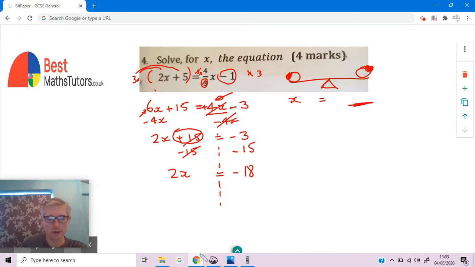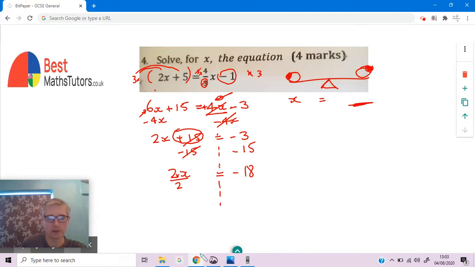All I want to do is get rid of this 2 now in front of the x. Now that means it's 2 times x. When we write a number and a letter next to each other with nothing in between, that actually means times. So the opposite to timesing by 2 is dividing by 2. So I can show that again by a fraction.